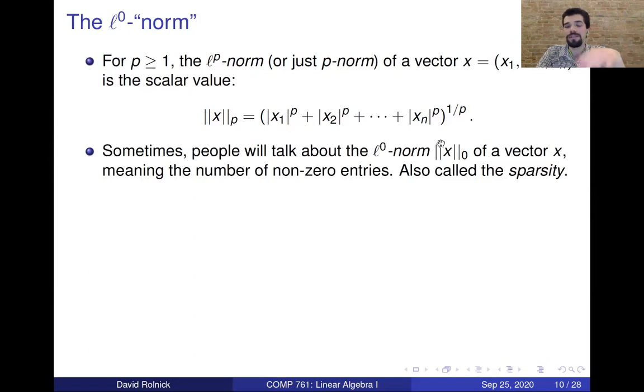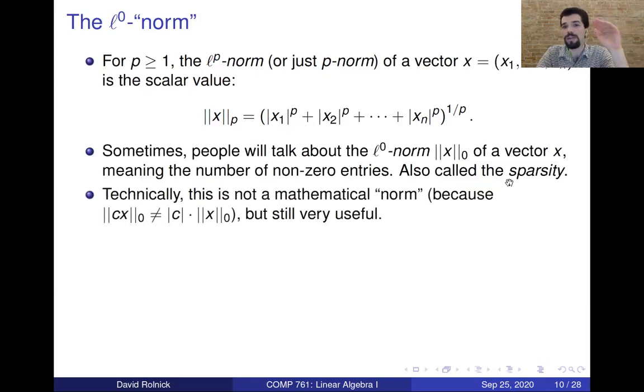However, there are problems with this, most particularly because it's not actually a norm. There's one property of a norm, which is if you multiply x by a scalar, then that should change the norm by the absolute value of that scalar, but it doesn't in this case.